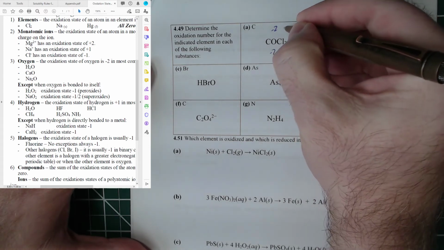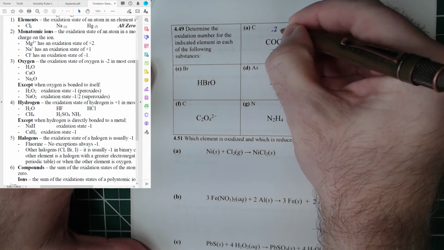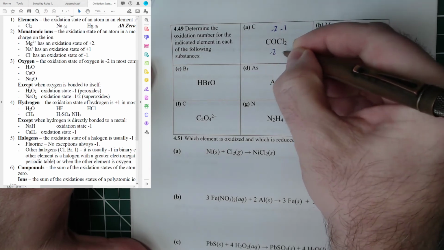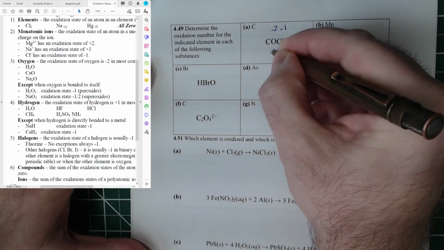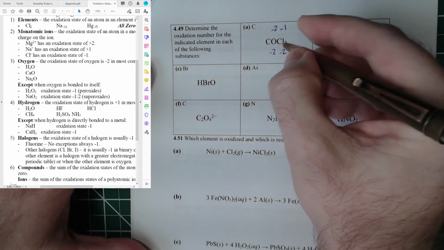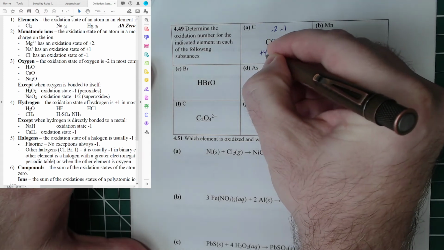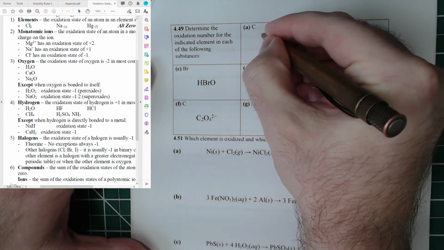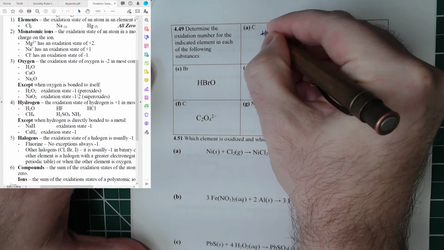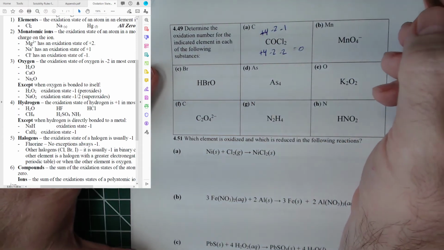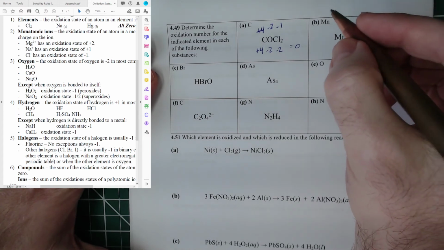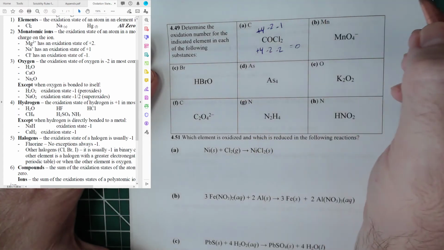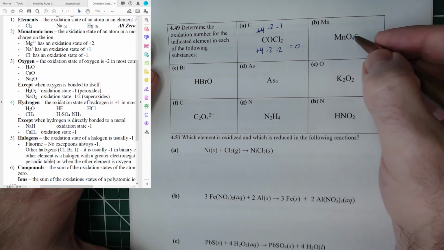Halogens, since we haven't assigned halogen yet, we will put -1. -1 times 2 is -2. So to add up to 0, -2 plus -2 plus some number equals 0. That has to be +4. +4 divided by 1 is +4. So the oxidation state of the carbon in COCl2 is +4.